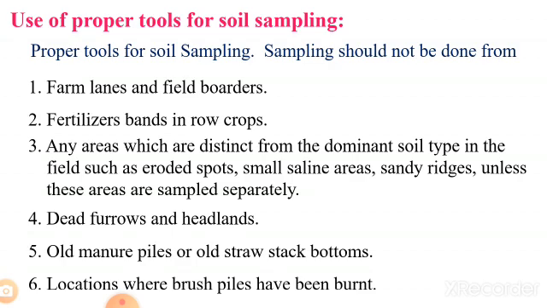Also avoid dead furrows and headlands, old manure piles or old straw stack bottoms, and locations where brush piles have been burned. So proper sampling tools are essential for collection of good soil samples.